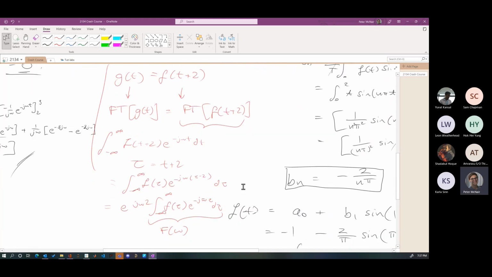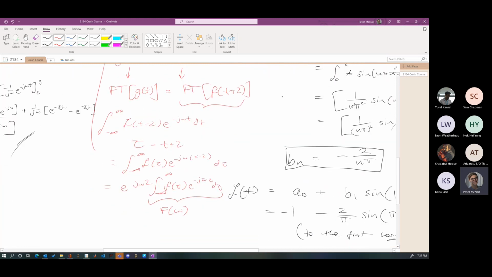So let's use this property that shifting in time by t naught, if you take the Fourier transform of f of t plus t naught, this is equal to e to the j omega t naught times the Fourier transform of f of t.